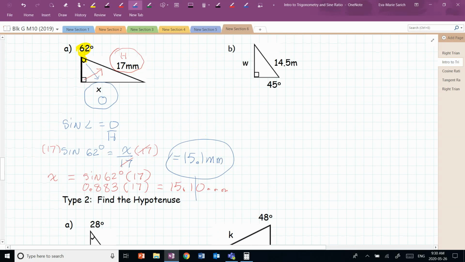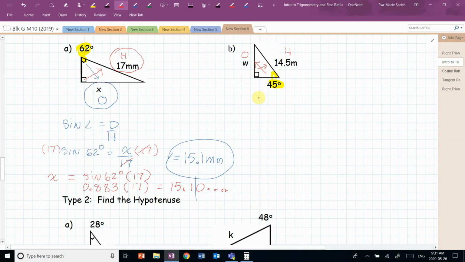Okay, let's try this again, speed it up a little bit. Here's our angle, which is 45. Opposite the right angle is the hypotenuse, opposite the given angle is the opposite.